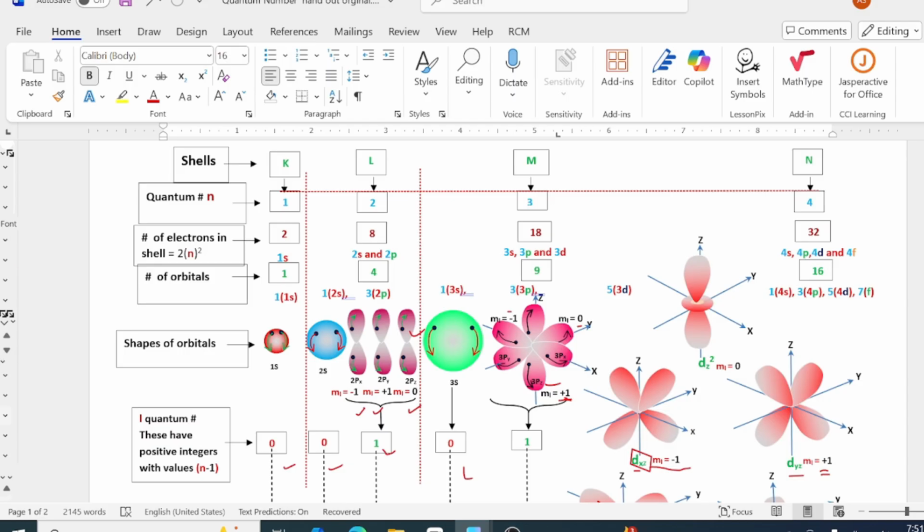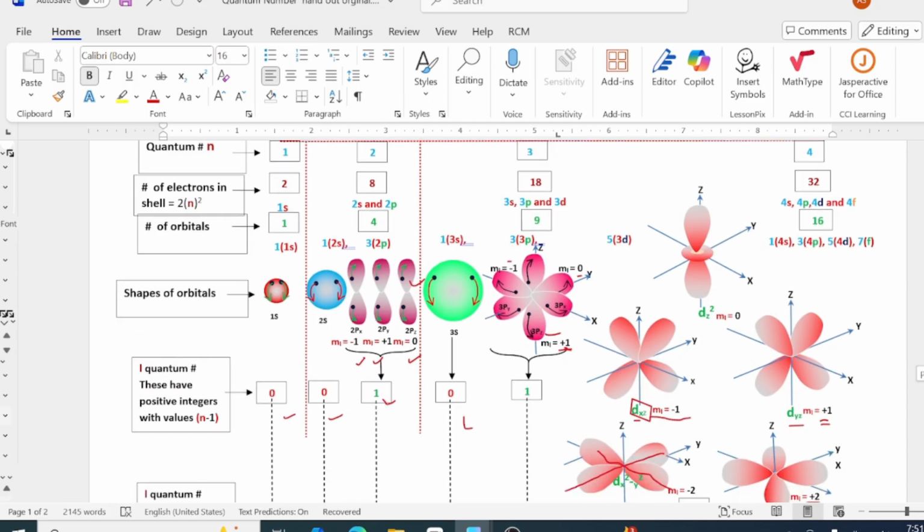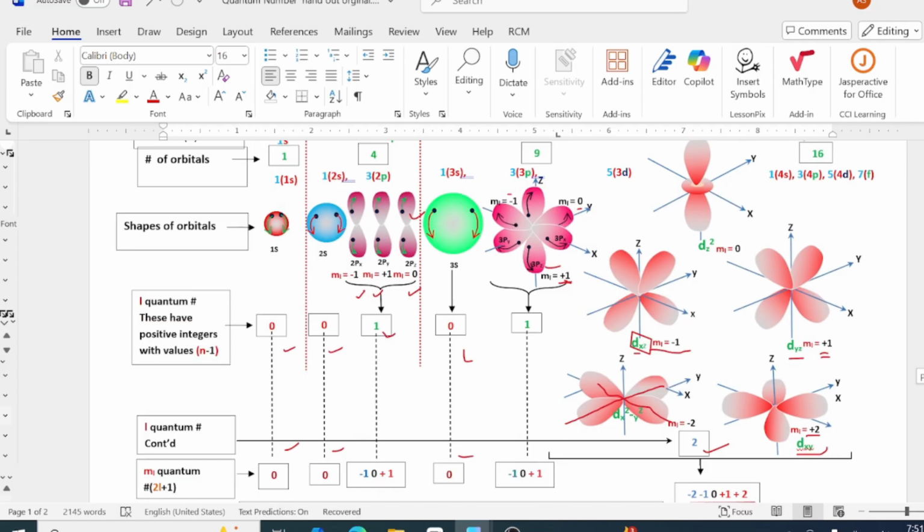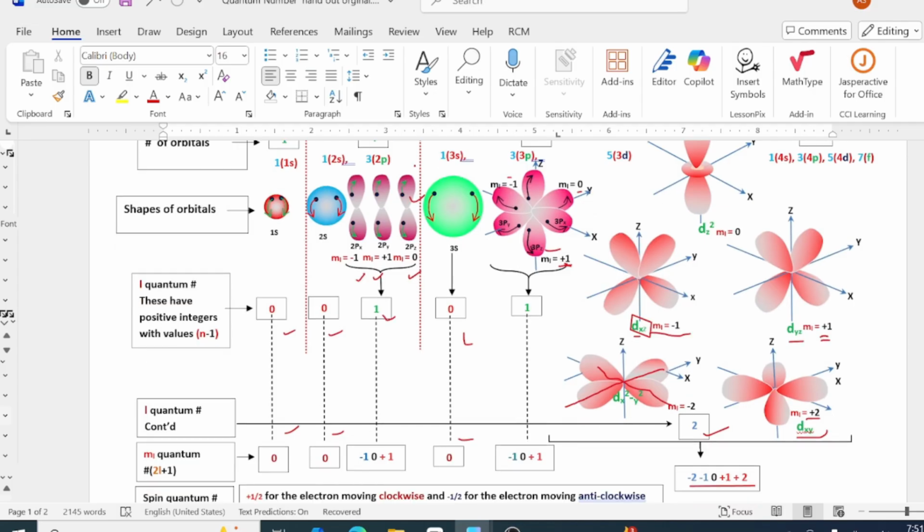You can use now the L quantum number to distinguish between s, p, and d, and you can then use magnetic quantum numbers to give you the way these orbitals are oriented, except these s orbitals that don't make any angle with respect to the axes. I hope this tutorial is beneficial to you.